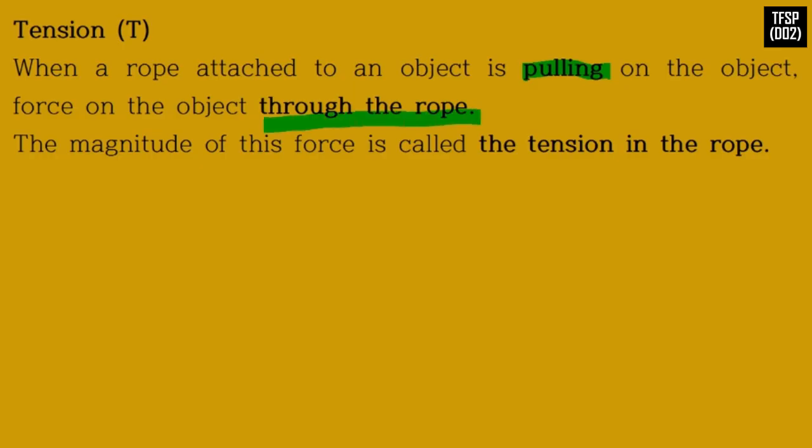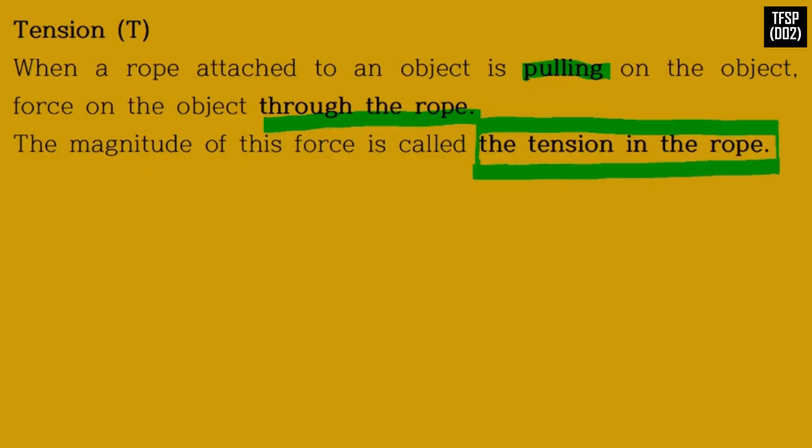The magnitude of this force is called the tension in the rope, and is denoted by the symbol T. The magnitude of the tension is the same at every point along an ideal rope, which means that the force applied through the rope is transmitted completely to the object, and that the tension is independent of the length of the rope.